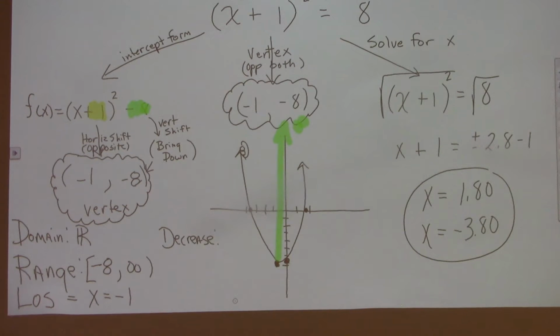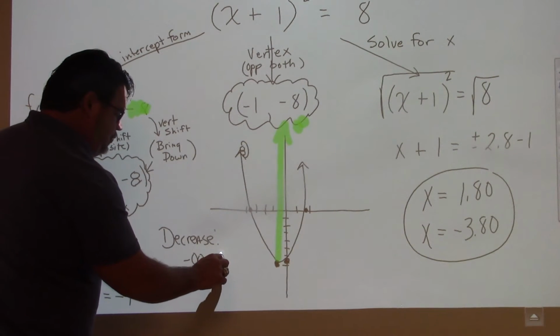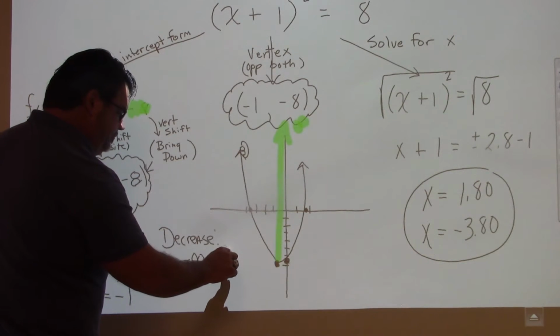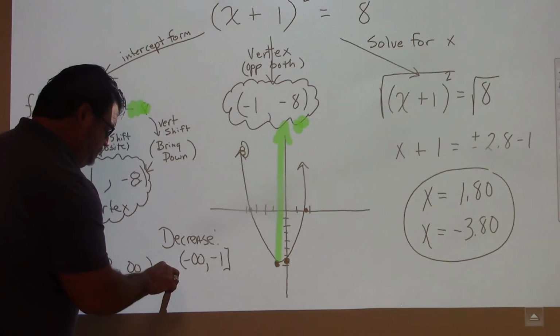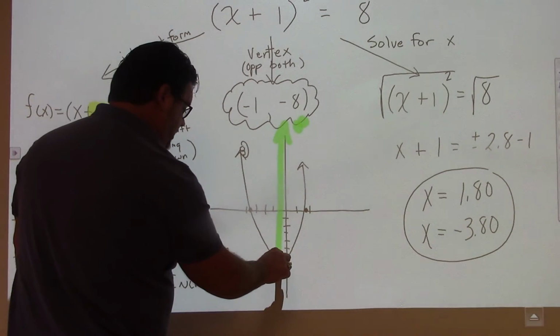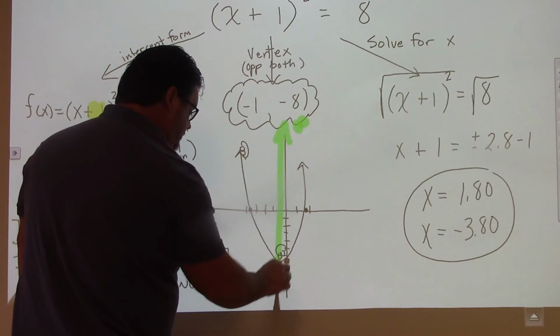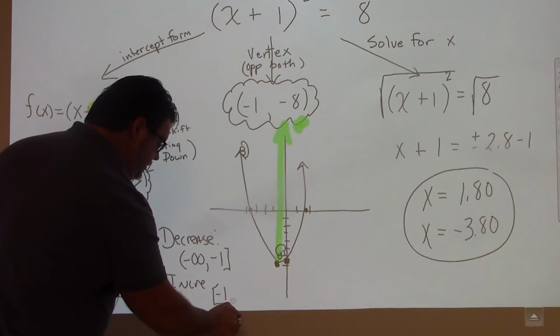So from negative infinity to negative 1, it is decreasing. Where is it increasing? Well, put your car down here. From negative 1 to infinity.